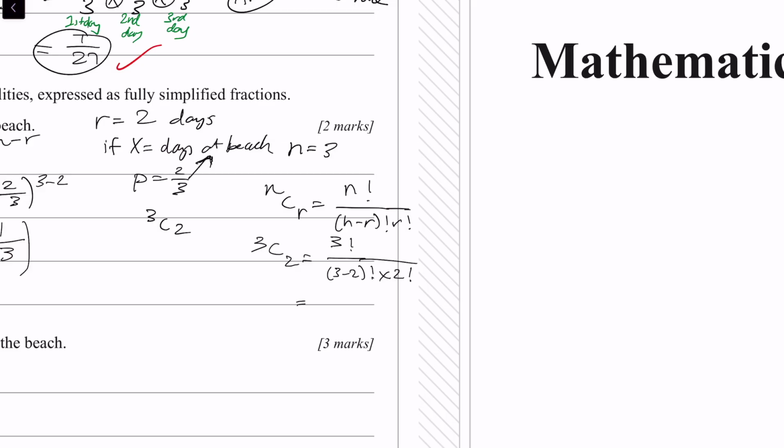And so 3 factorial would just basically be 3 times 2 times 1, and then 3 minus 2 is 1, so 1 factorial is just 1, I'll just get rid of that, times 2 factorial, which is just 2 times 1, and so I'm just cancelling out top and bottom, and I'm left with 3.